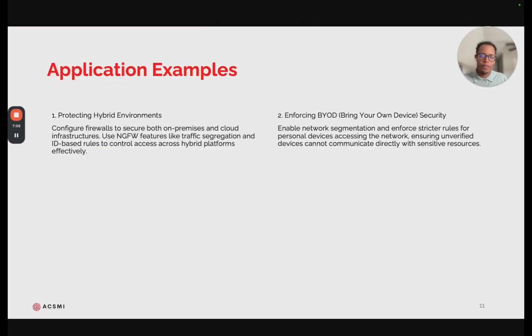Real world example. Let's think about protecting a hybrid environment. So what you want to do is configure your firewalls on-prem and in the cloud. Remember we talked about those firewalls in that graph, how you kind of went out. We finally got to the cloud type of firewalls, or next gen. But you can use the next gen features in a lot of these firewalls to do traffic segmentation, to do ID-based, or identity-based, controls. Right? Because we're trying to control the access in multiple different environments, something that's hybrid.